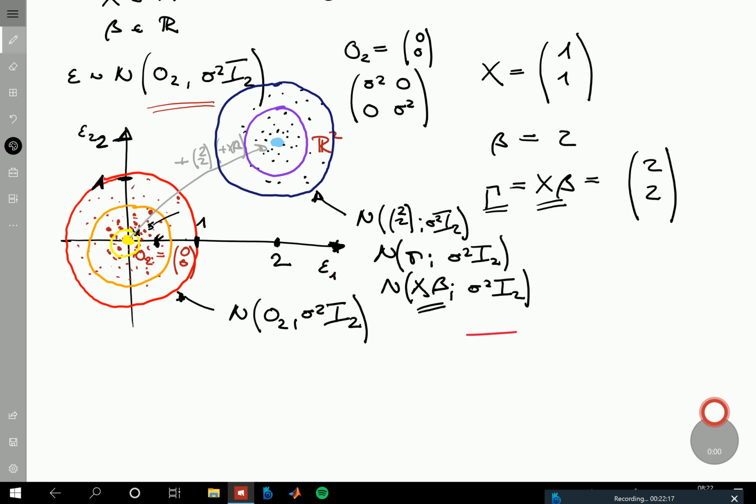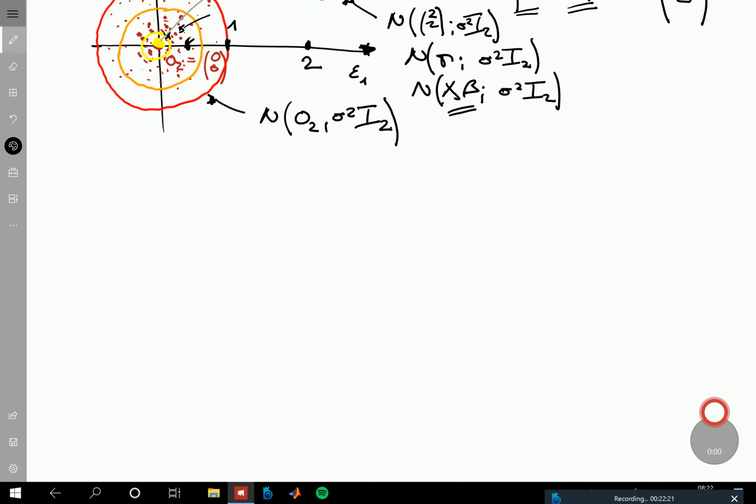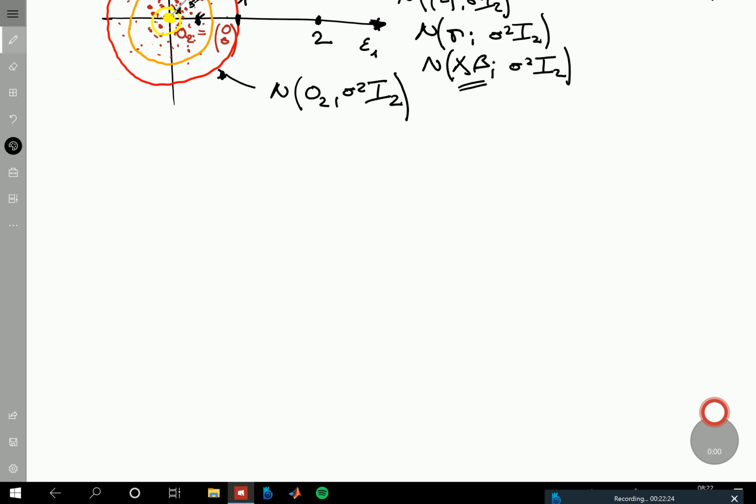Now the point here is that we have this scenario where y is given by X beta plus epsilon, and epsilon is distributed according to a multivariate normal. Now we go to the n-dimensional case with a spherical covariance matrix, and we add to epsilon this mu vector, X times beta.